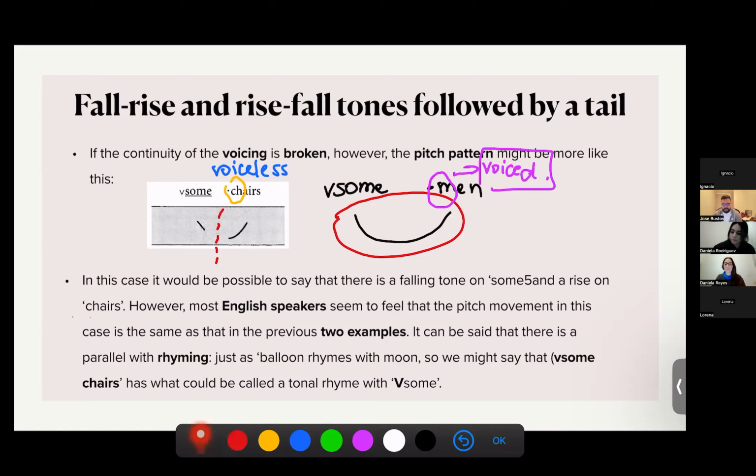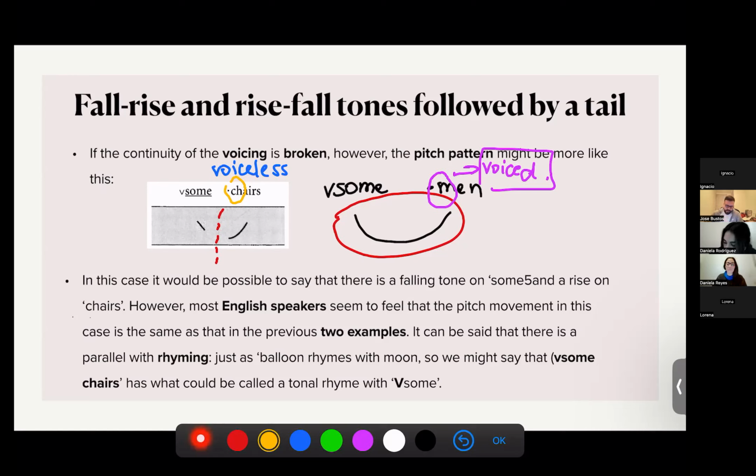So in this one, I would say "some man," but in this one it would be "some chairs, some chairs."